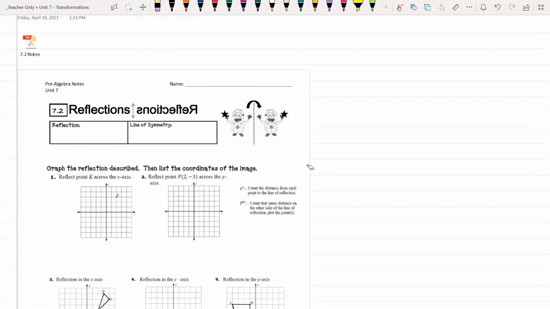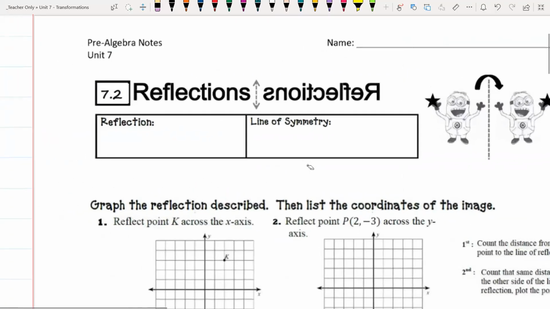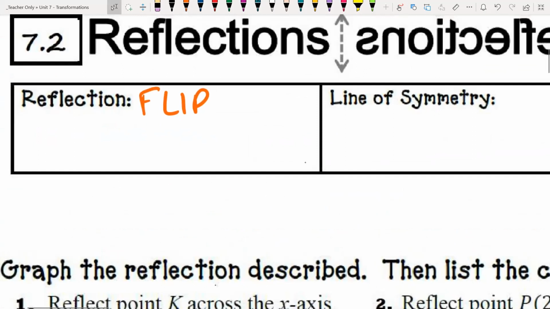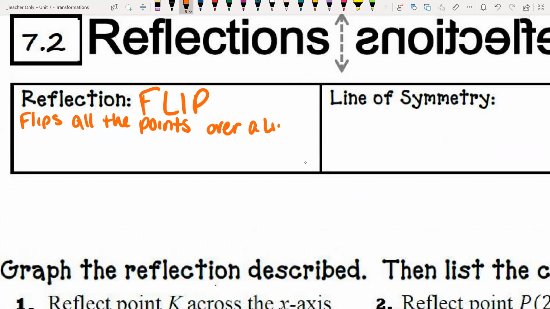Alright, so we're going to talk about reflections now. Reflection is commonly called a flip. So we are flipping the image. It flips all the points. So we're flipping all the points over a line of symmetry.